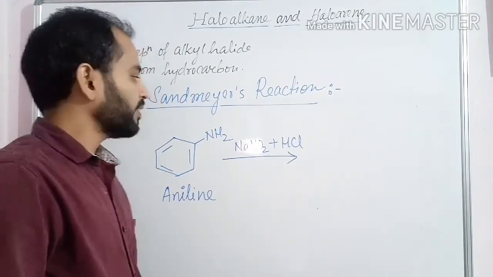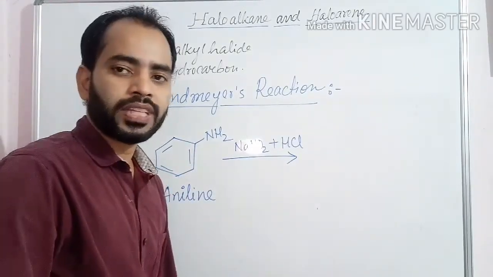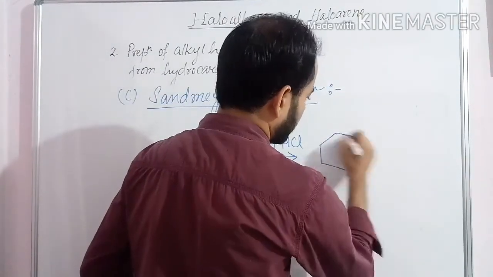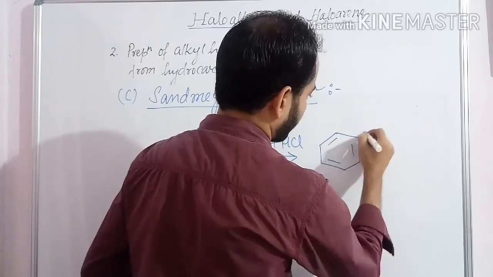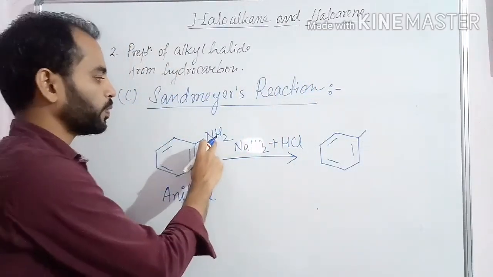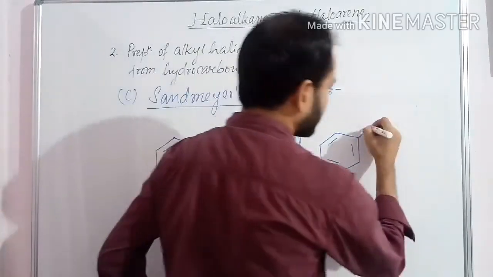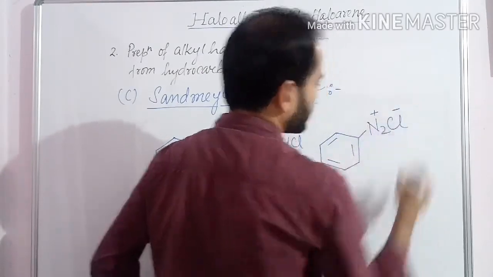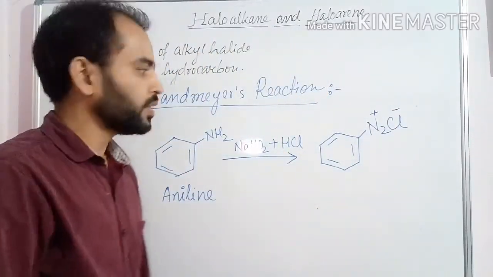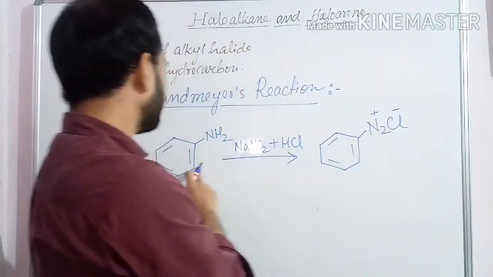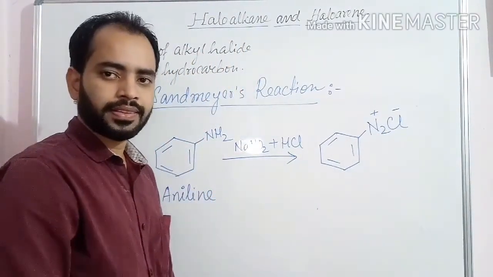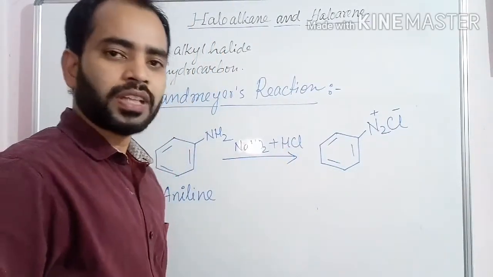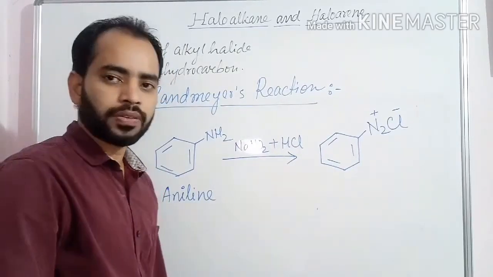First it forms a diazonium salt. That means in place of NH2, it becomes N2Cl, where N2 has a positive and Cl has a negative charge. This is called the diazonium salt of aniline. So this is the first step, the formation of the diazonium salt of that compound.